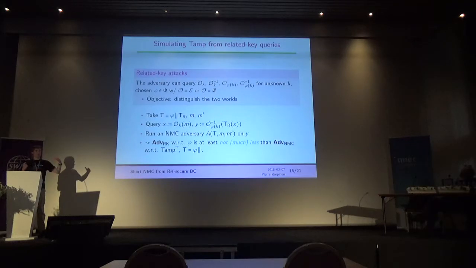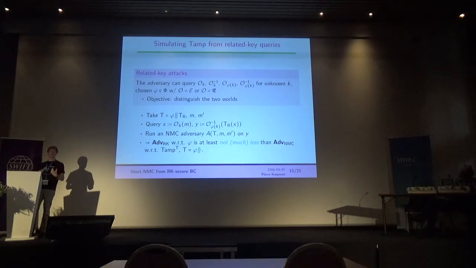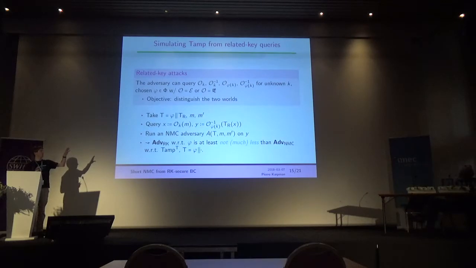Now we want to attack the cipher in such a setting, and to do this, we can use a non-malleable code adversary as a subroutine, as I said. This non-malleable code adversary would take as a tampering function the related key function phi for the left part of the tampering, and the right part is kind of arbitrary, we don't really care. Then two messages M and M prime. The related key adversary can forge, not really forge, but using the related key oracles can create the output that the non-malleable code adversary would use on such an input.